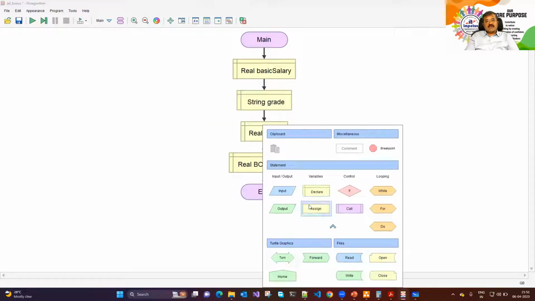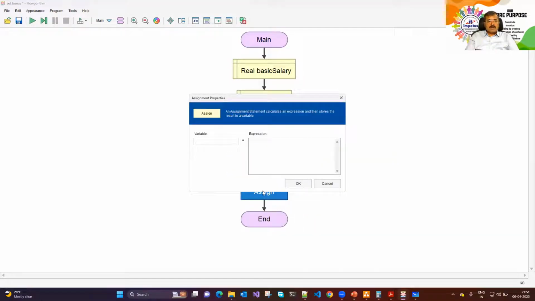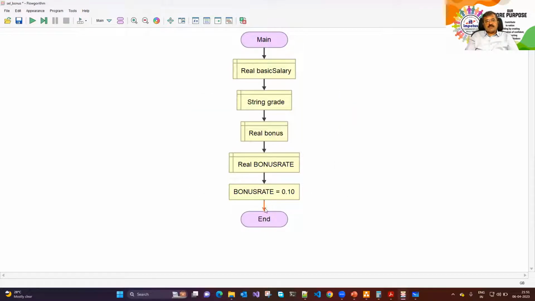And we'll assign is 0.10. That's 10%. So it has been created. A bonus rate is 0.10. That has been done.